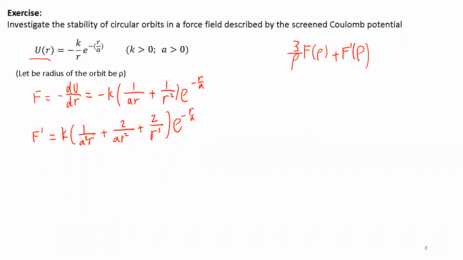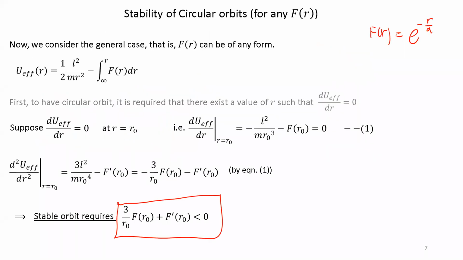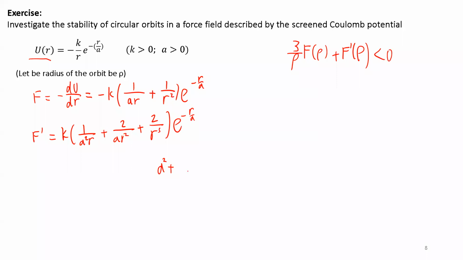Now I have f prime and this f, and all I need to do next is to apply this equation over here. After some simplification, you should be able to find that this whole thing, if I want it to be smaller than 0, then what you have is the following.